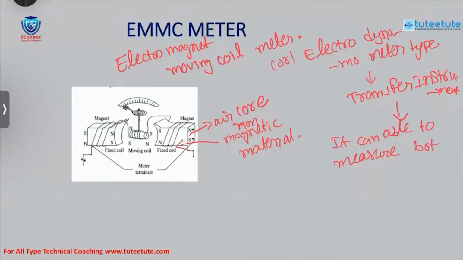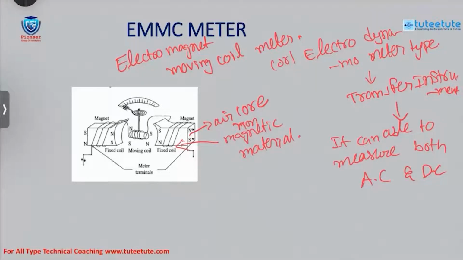We discussed that moving iron can also measure both AC and DC, but for DC measurements there are more errors, so it is not suitable for DC. But in the case of the dynamometer type meter, it will give the same error. Even though you take many precautions while designing the meter, there exist some errors.